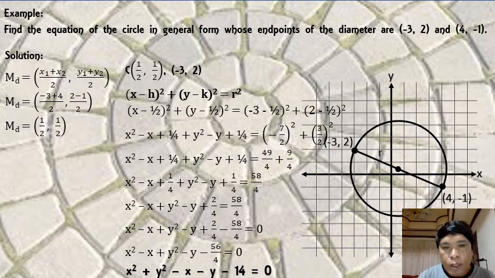So, the equation now of the circle in general form is x squared minus x plus y squared minus y minus 14 equals 0. We can rewrite that now. So this is now the equation of the circle. But we can rewrite this as x squared plus y squared minus x minus y minus 14 equals 0.